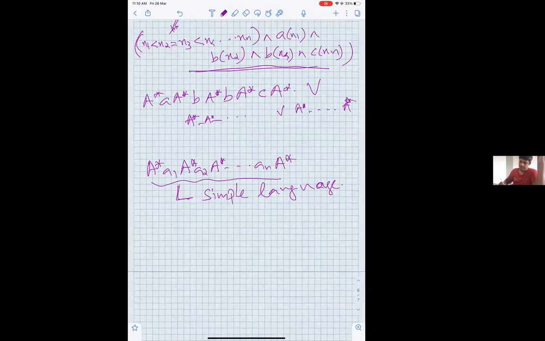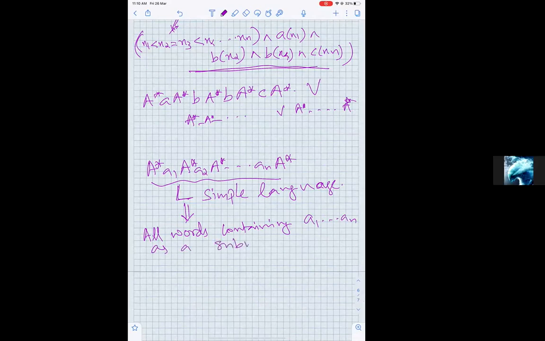So what it says is that A1, A2, so this one says that all words containing A1 to AN as a what? Subword. Subsequence or subword? Yeah, as a subword. Okay, so such a language we'll call simple language.